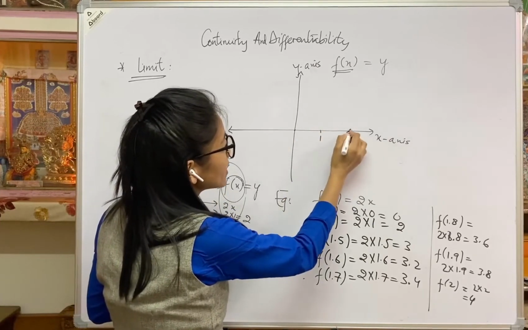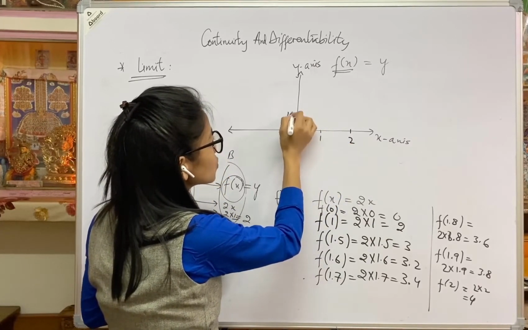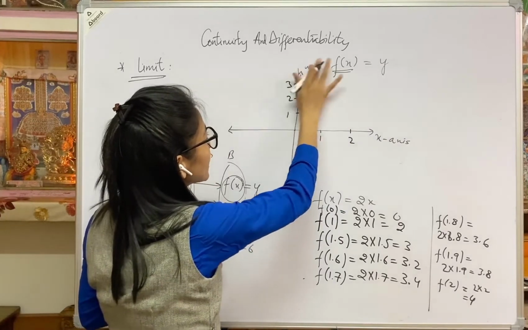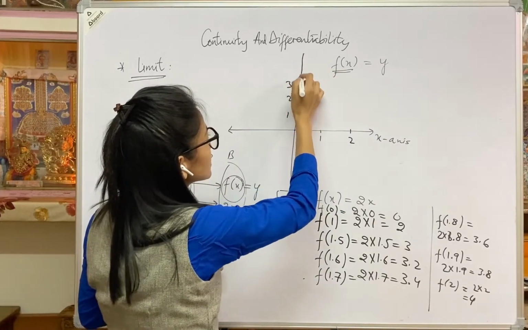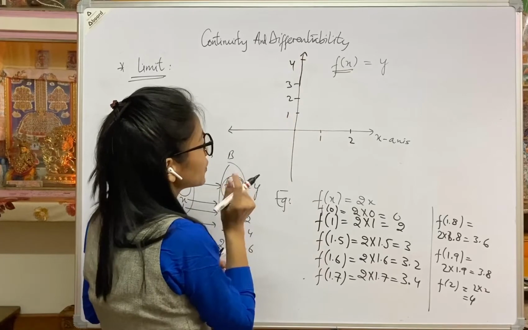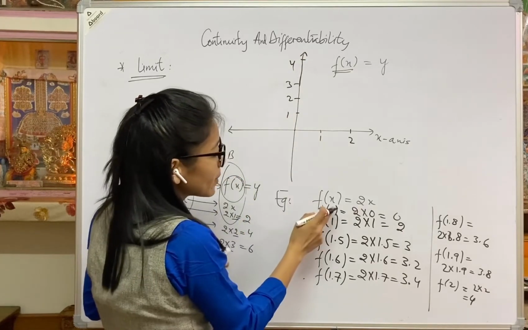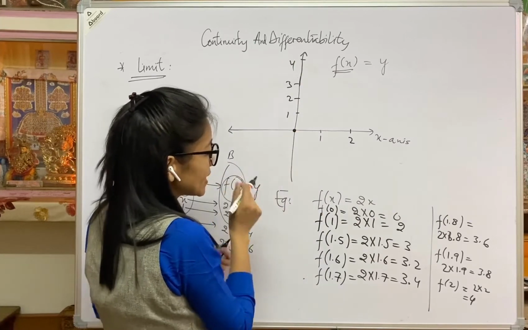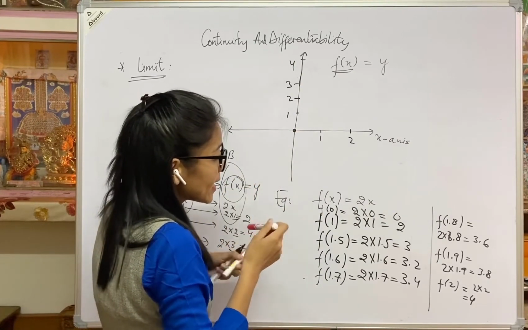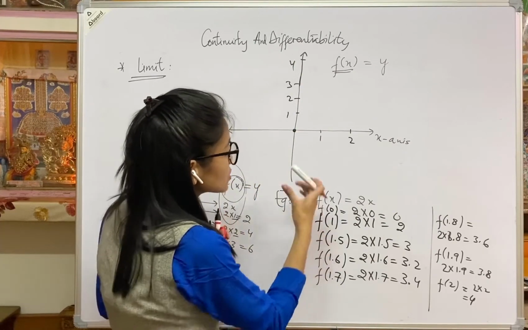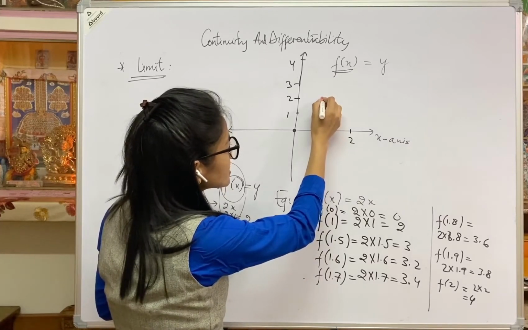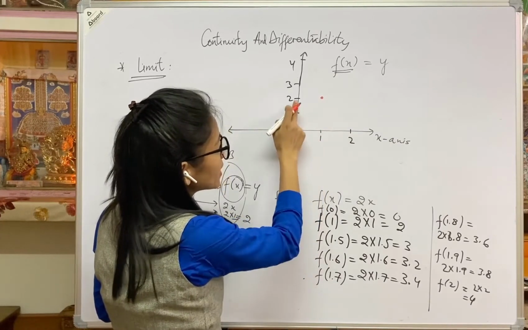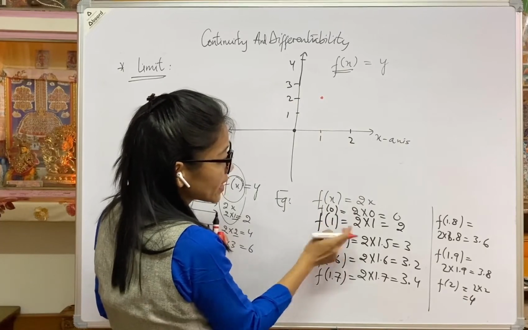Say this is my 1 and this is 2, and here we have 1, 2, 3, and I'll extend this and take it here, 4, right? Now when my x is equal to 0, f of x is 0. When x is 1, f of x is 2.